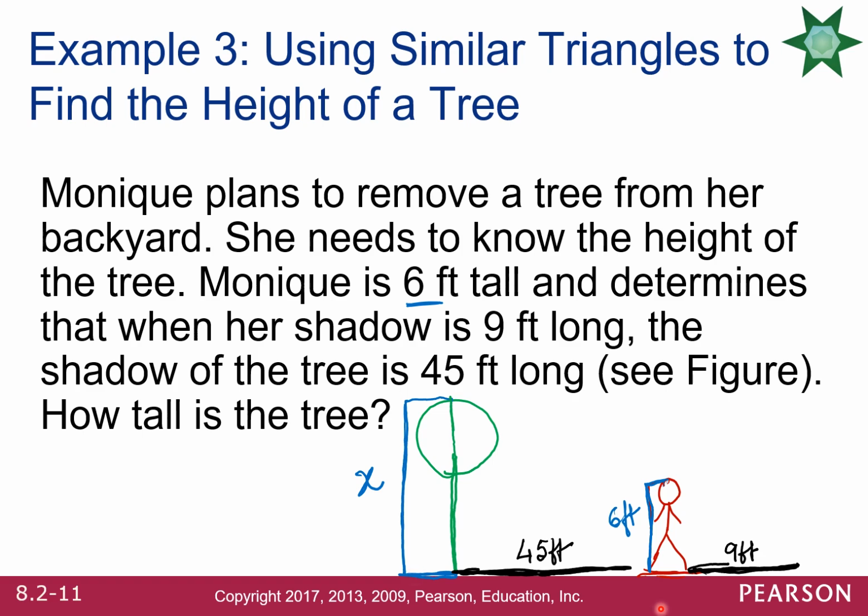So I'm going to connect from the top of the tree all the way to the end of the shadow. Likewise, from the top of Monique's head all the way to the end of her shadow, if I connect that by a straight line, we will get two triangles.